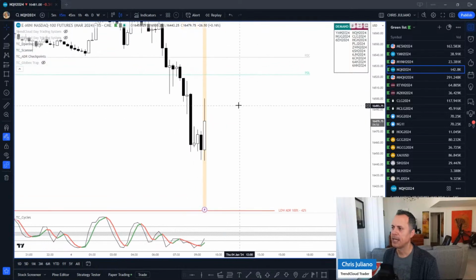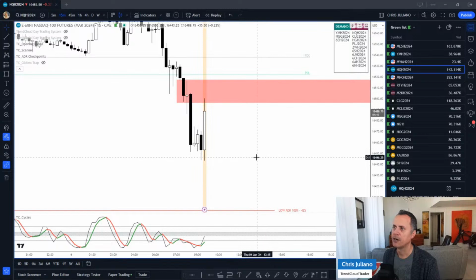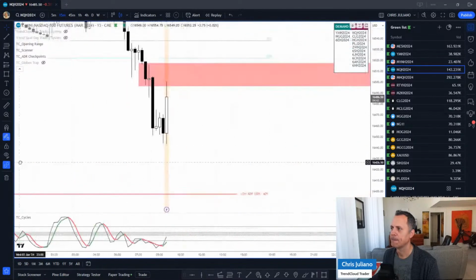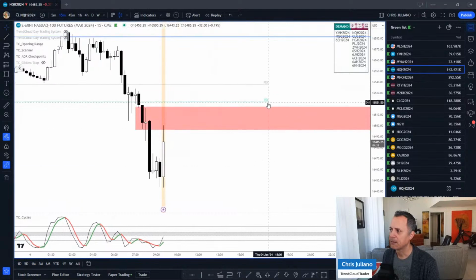And it looks like we're pulling back into this drop-base-drop on the 15-minute chart. Will it go further and come all the way up here? It usually likes to retest these areas. That's why I put that on there. I love seeing previous day's close, previous day's low.